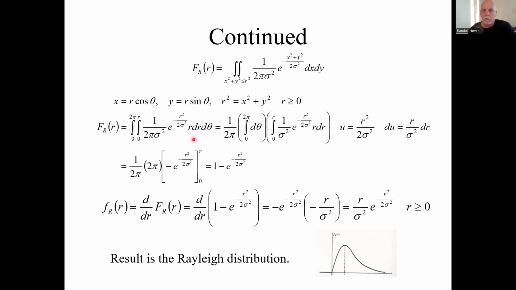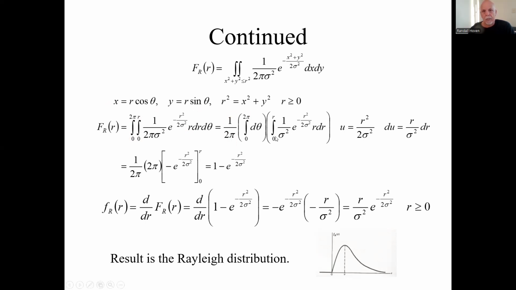You might not remember how to do polar coordinates: you have to add this extra r in there. You make these substitutions, add this extra r, and then r will go from 0 to r, and theta goes all the way around, 0 to 2 pi. This is just converting to polar coordinates.